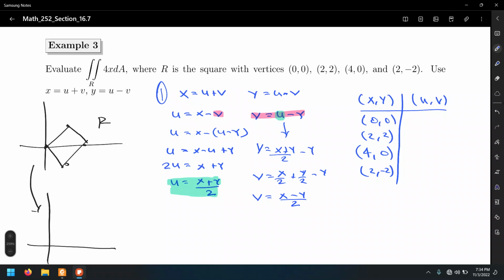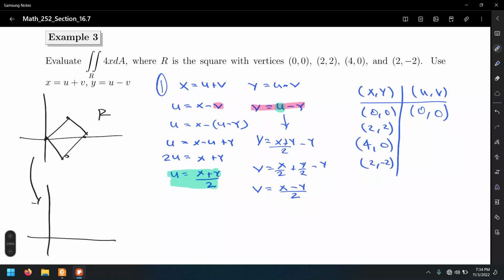And u and v are going to be the corresponding ones. Let's look at the origin, (0, 0). Plug it in for u: 0 plus 0 over 2 is 0. For the v coordinate, 0 minus 0 over 2 is also 0. So the point (0, 0) is the same in the world of R and in the world of S.